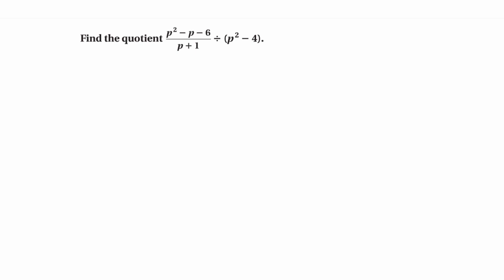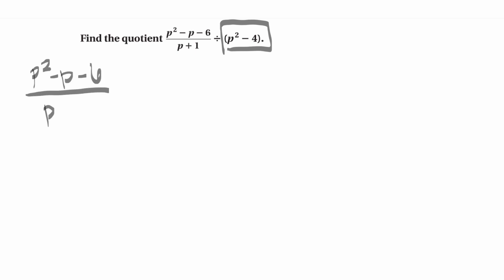So lots of steps. First thing I'm going to do is just rewrite this in fraction form. So I have p squared minus p minus 6 over p plus 1 divided by p squared minus 4 over 1. Now I'm going to change this to multiplication.